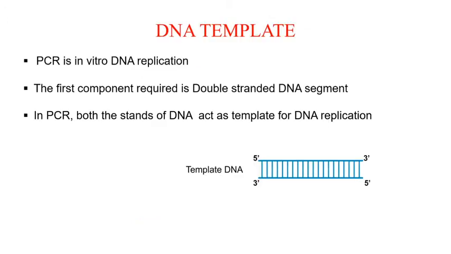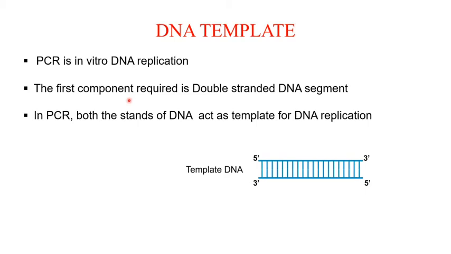The first component used in the PCR process is DNA template. As PCR is an in vitro DNA replication, the DNA template is the first component required. A PCR template for replication can be any DNA source, as I said earlier.